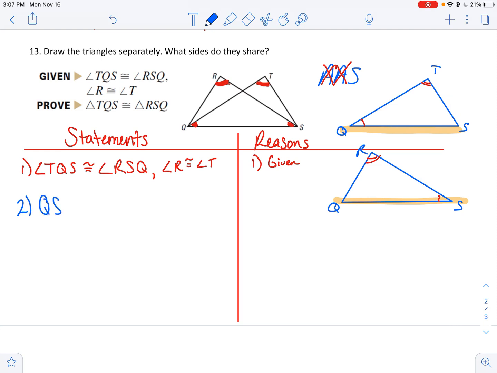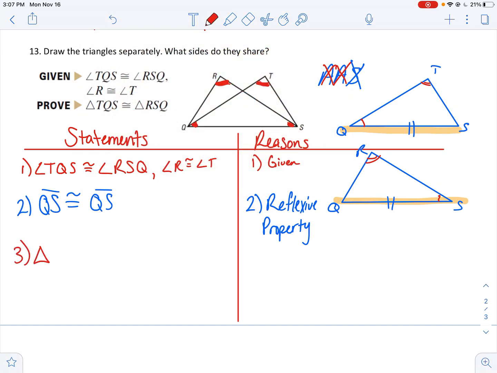I'll say QS congruent to QS. That's my reflexive property. And that's my side. So now it looks like I have angle, side.